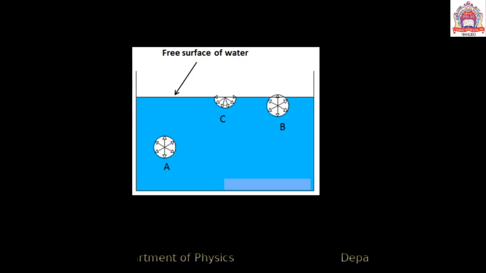Now what action takes place in the liquid? The tendency of the liquid surface to contract to a minimum possible area, as if it is in a state of tension, is called surface tension.